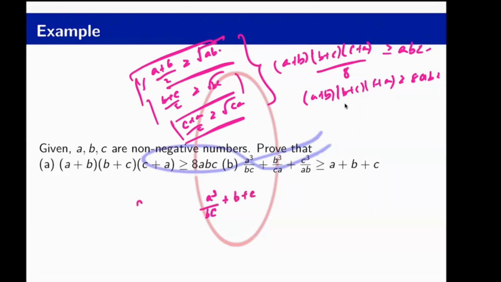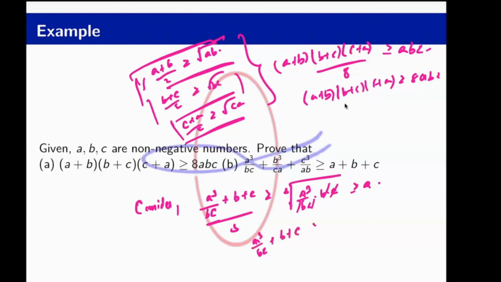It is always greater than or equal to 3 times the cube root of a cube by bc times b times c, which implies it is always greater than or equal to 3a. So a cube by bc plus b plus c is always greater than or equal to 3a. Similarly, b cube by ca plus c plus a is always greater than or equal to 3b, and c cube by ab plus a plus b is always greater than or equal to 3c.